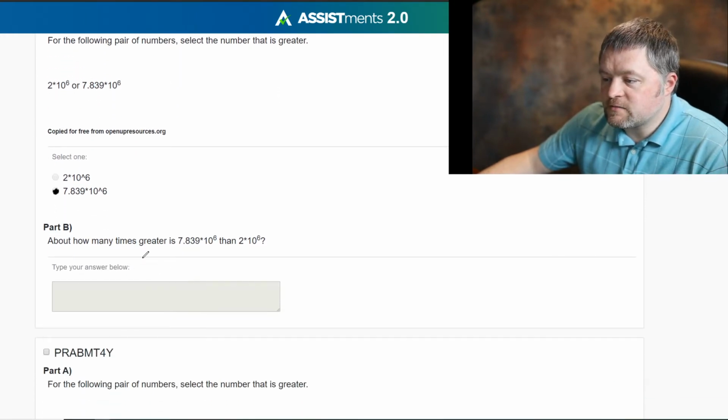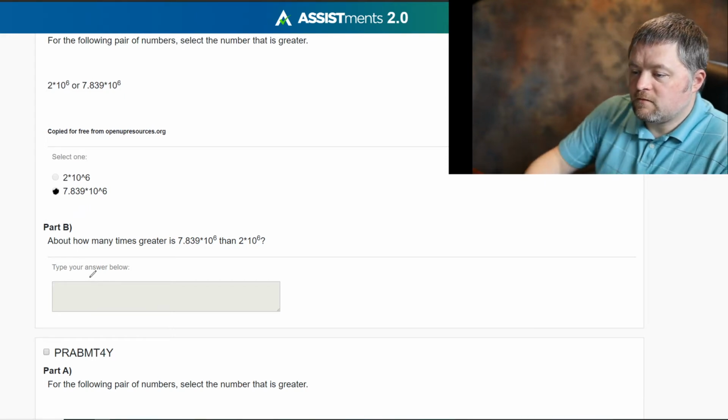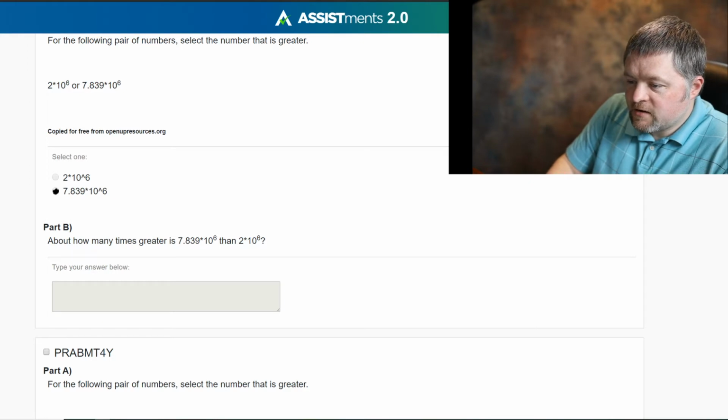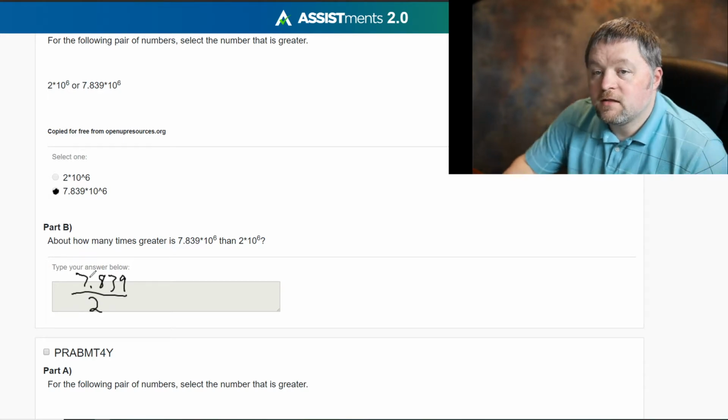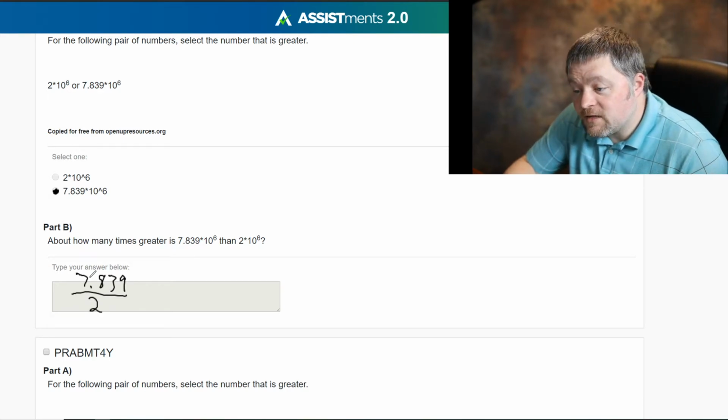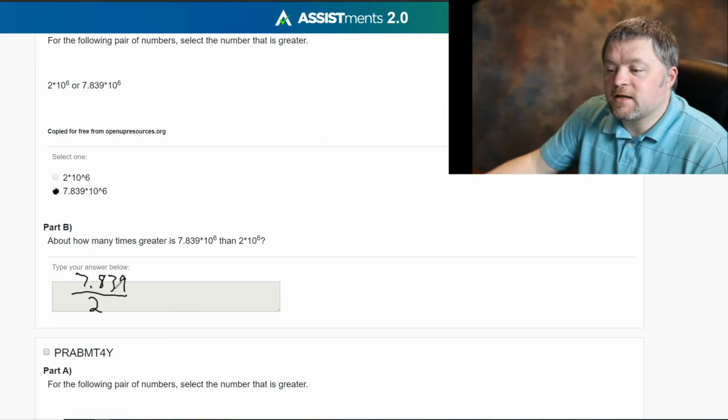About how many times greater? Fractions are your friend. 7.839 over 2. This one I would not like you to leave it like this, but actually take the time to calculate it.